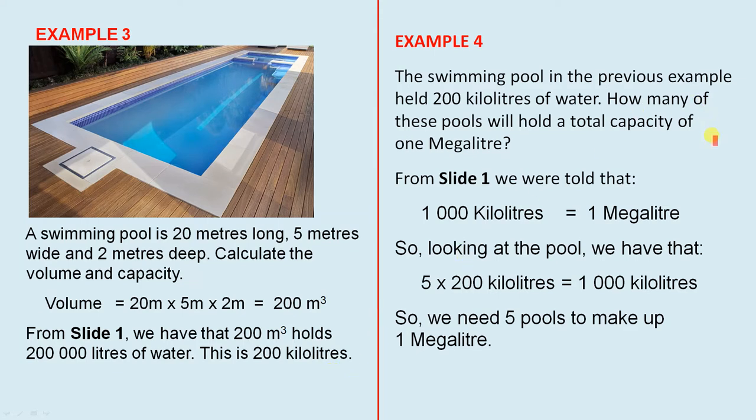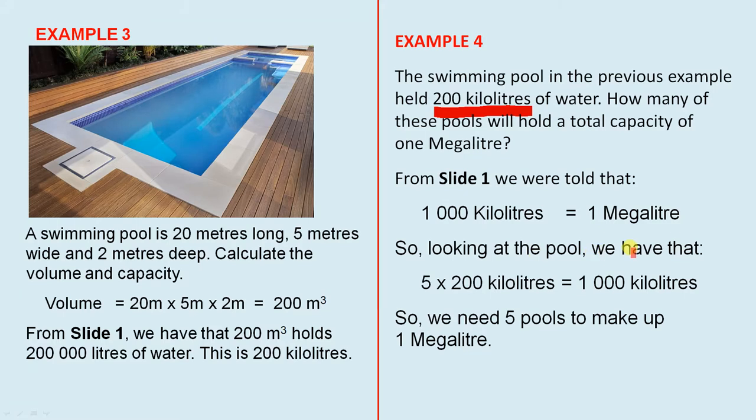Example 4, the swimming pool in the previous example held 200 kilolitres. We just saw that. How many of these pools will hold a total capacity of 1 megalitre? That is, how many of these pools do you need to hold a capacity of 1 megalitre? From the first slide we saw that 1,000 kilolitres gives you 1 megalitre.